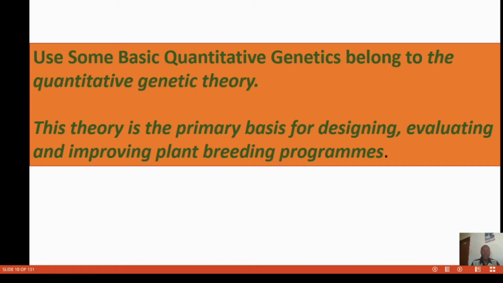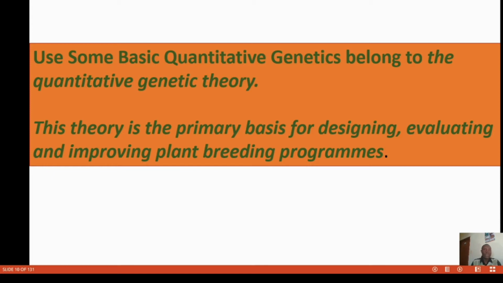I want to remind you that this part that is colored as given belongs to the area of quantitative genetics.